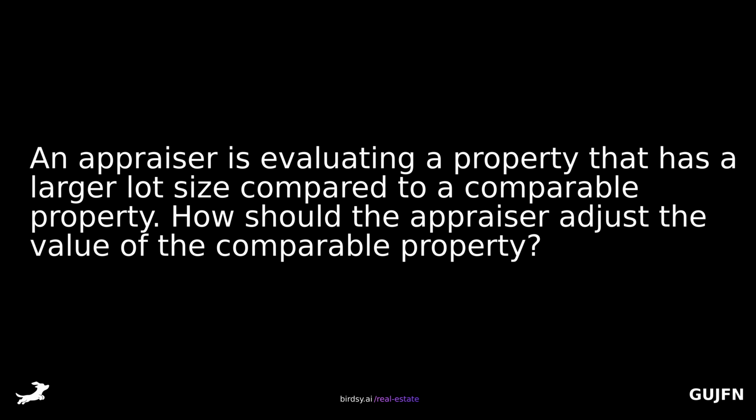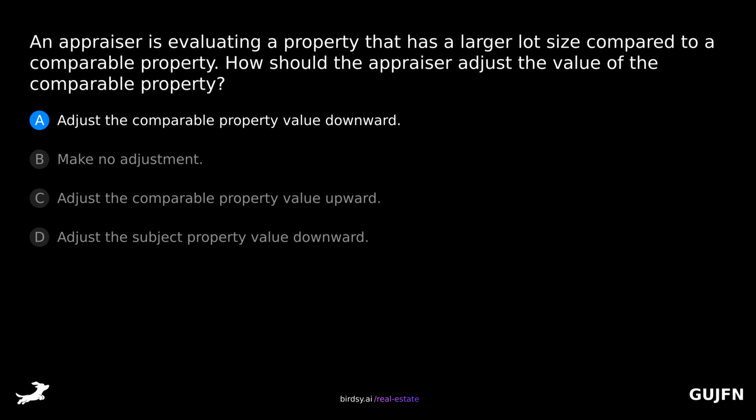An appraiser is evaluating a property that has a larger lot size compared to a comparable property. How should the appraiser adjust the value of the comparable property? Is it A, adjust the comparable property value downward, B, make no adjustment, C, adjust the comparable property value upward, or D, adjust the subject property value downward?